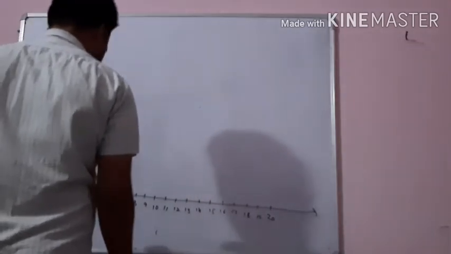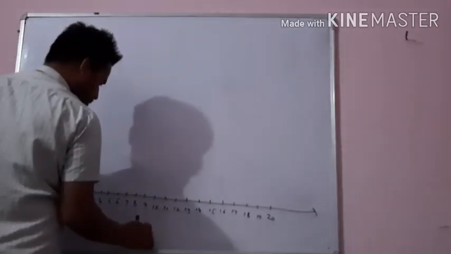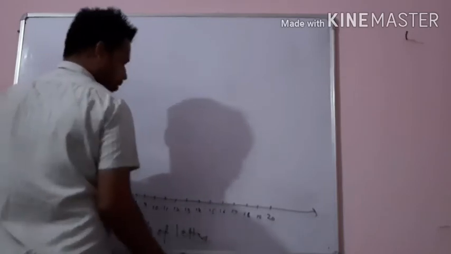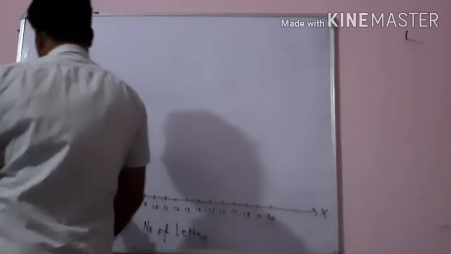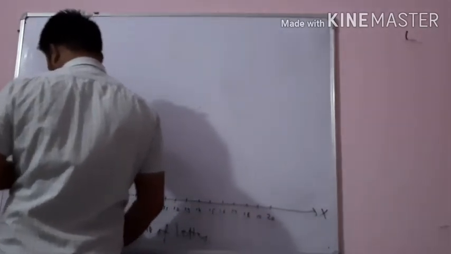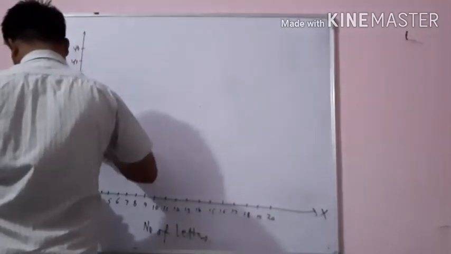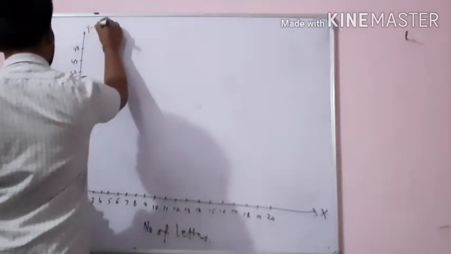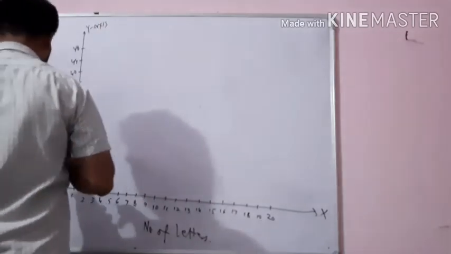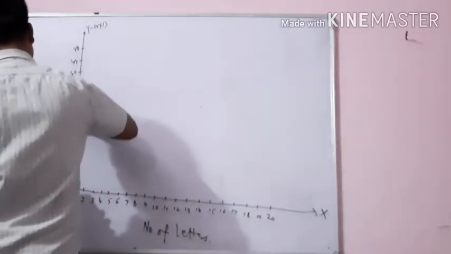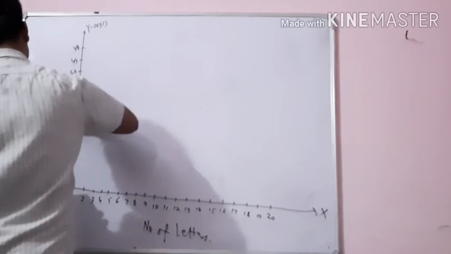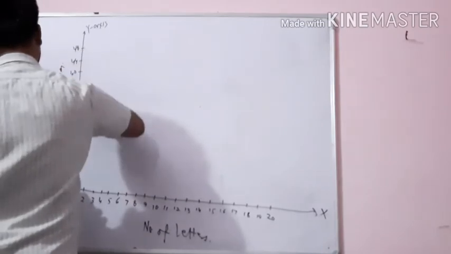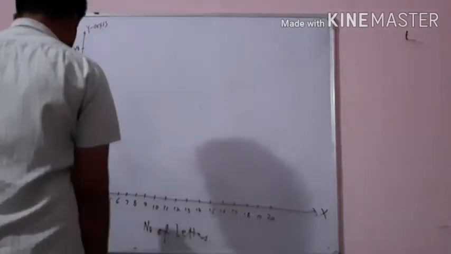Here we write number of letters. This is the x-axis. Now the y-axis: here you can write number of surnames. Now you have to mention a scale also.